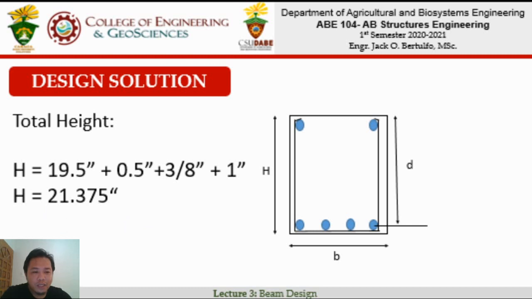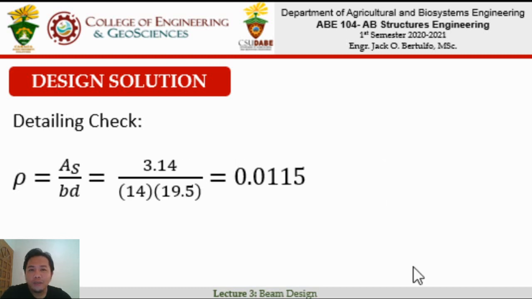We just need to check if it is correct and safe to use. We can use the American standard for concrete, but the easiest way to check if your design is good is using this formula to calculate the steel area. Just manipulate it to express that rho is equal to As over bd.